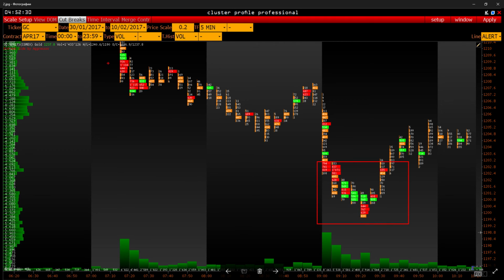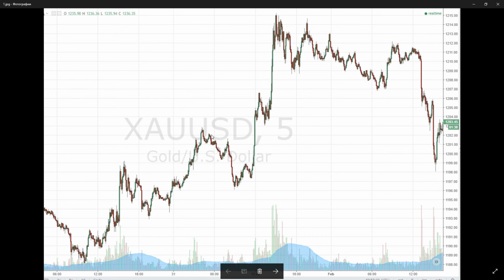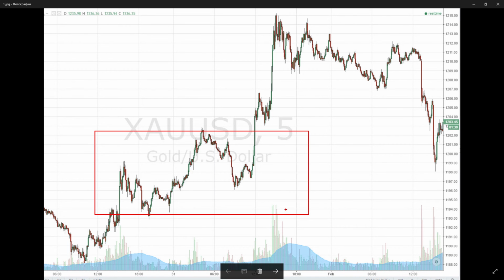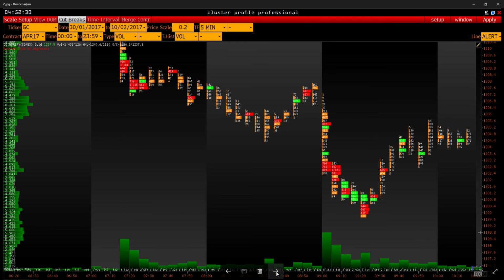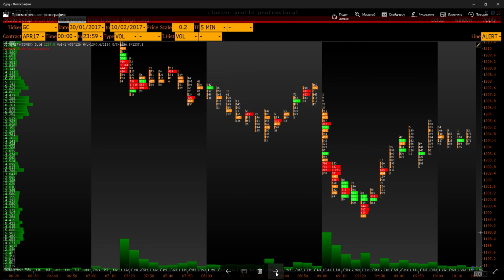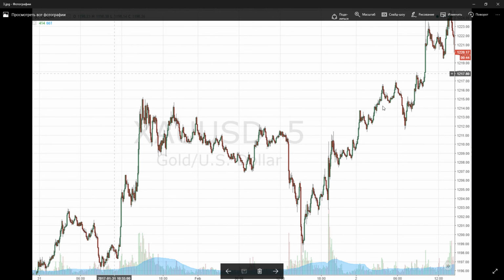It started here and made some support zone, but the final position was here, and all this was protection before this zone. And what was after that? After that, price rose. Here was protection and price went to a new maximum.